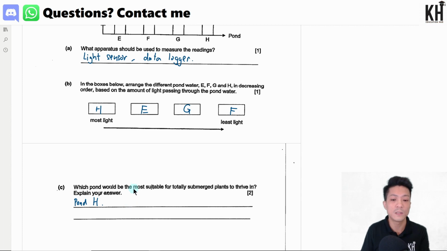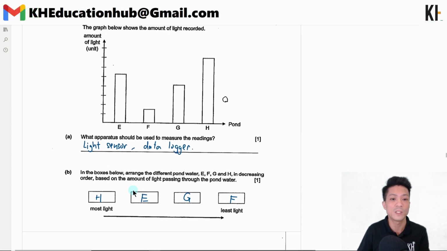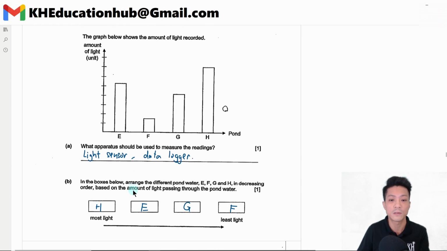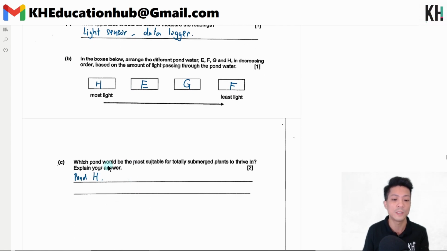Explain your answer. Whenever a question provides you with data or a graph, we always use it as the evidence to support your explanation.